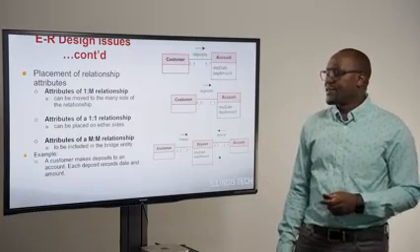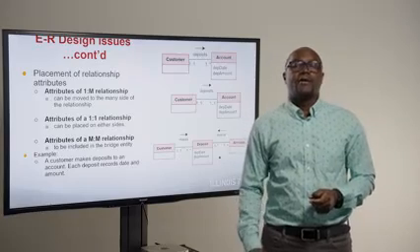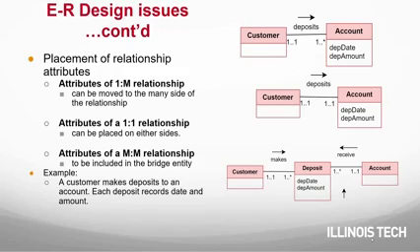The last design issue is deciding where to place the relationship attributes, which we call placement of relationship attributes. It depends on what type of relationship you're looking at. If we take an example of a customer makes deposits to an account, the relationship between a customer and an account is a deposit. But say each deposit records the date of the deposit and the deposit amount.